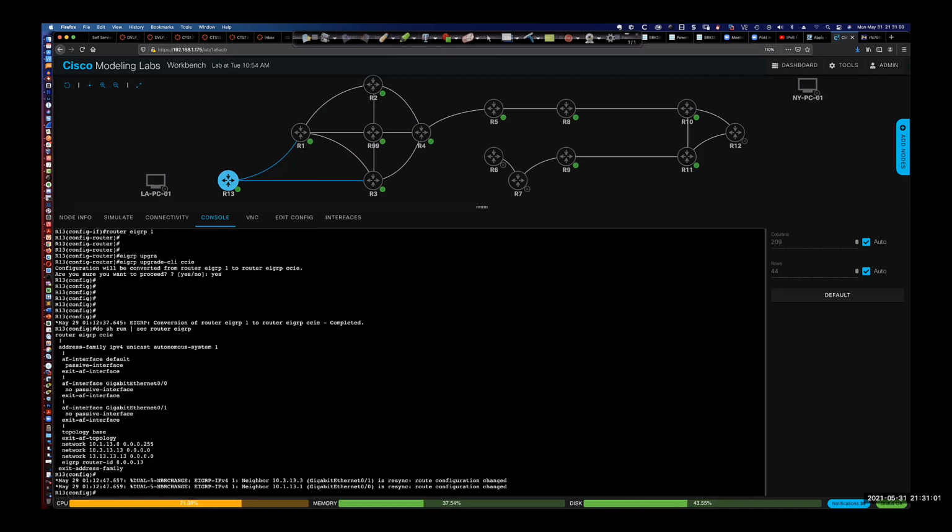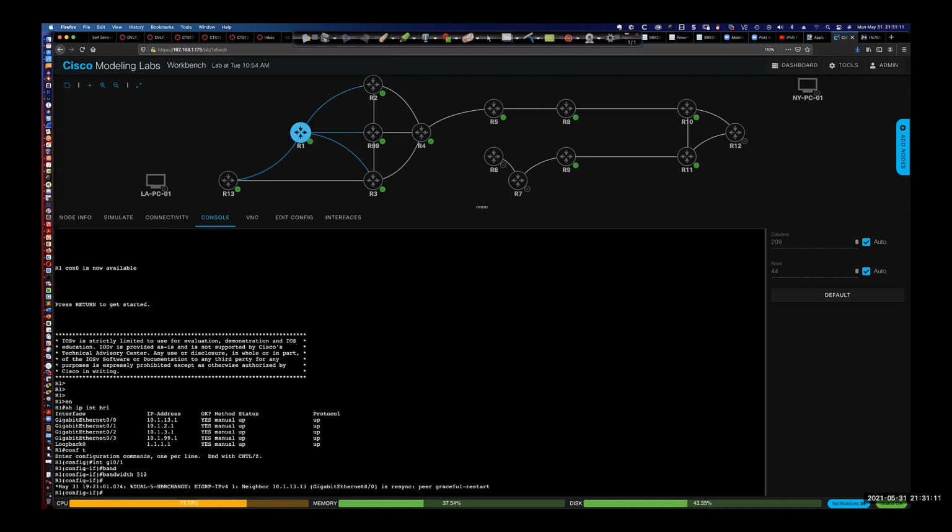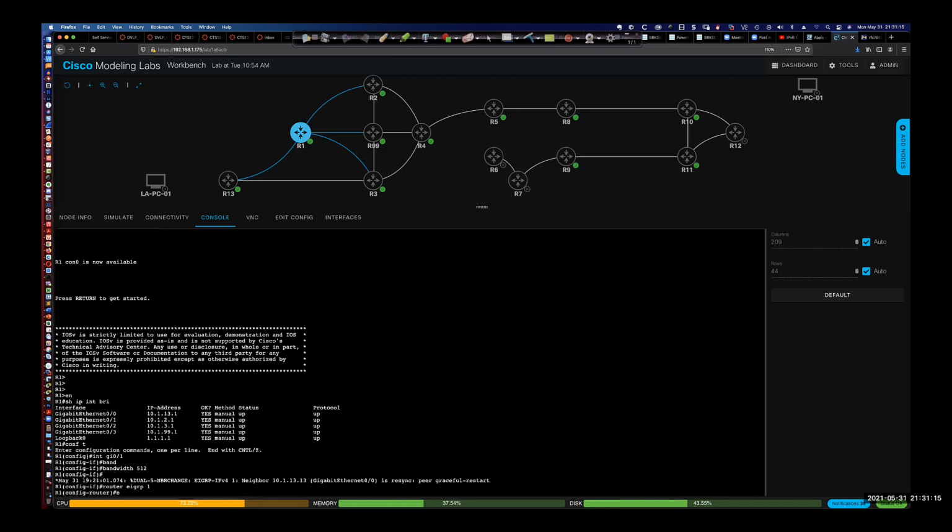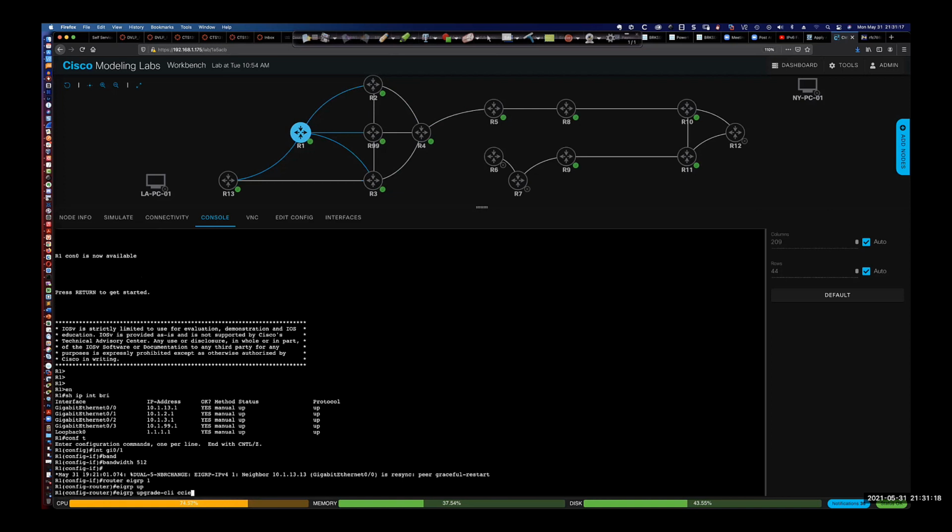Now, something else that's going to change are the metrics, right? So if I do the same thing over here on router 1, router EIGRP 1, then eigrp upgrade-cli, and we'll call it CCIE, and then we'll say yes.